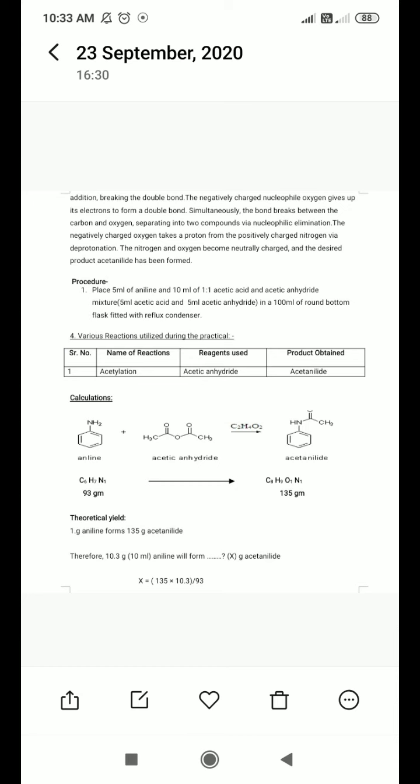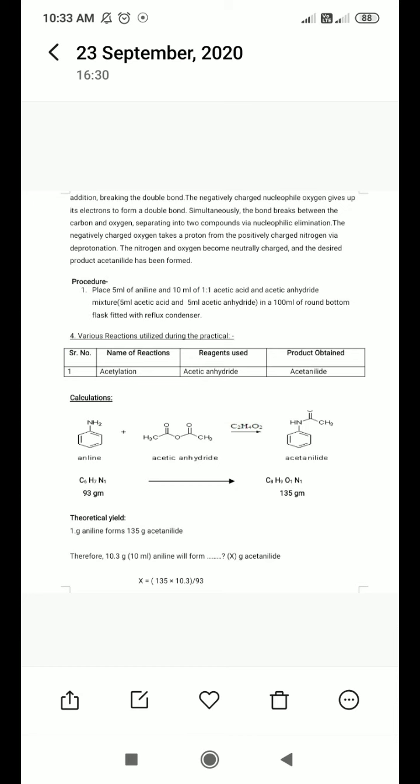If you have reduced that 10.3 into half, for example 5, then you should take 5 gram, means 135 into 5 gram divided by 93. What is that 93? 93 is your molecular weight of aniline.